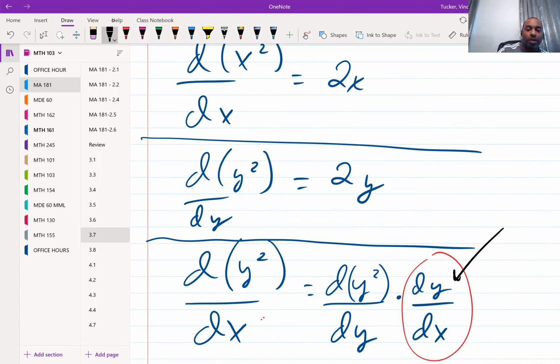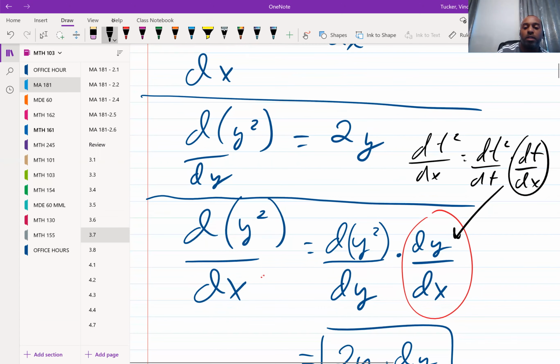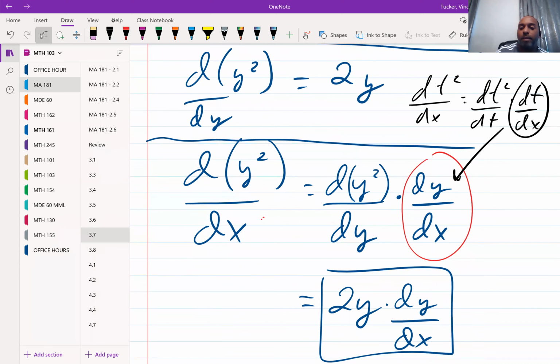That piece is always going to be left. So the derivative of t squared with respect to x: take the derivative of t squared with respect to t, and then that'll be the derivative of t with respect to x. That piece is going to be left. And you'll see what I mean as we continue to go on.